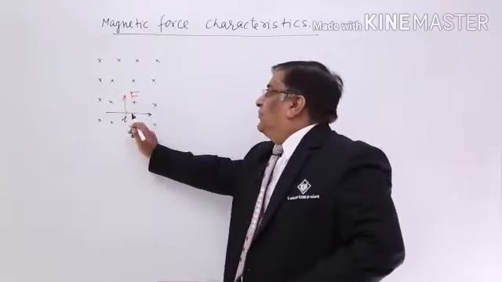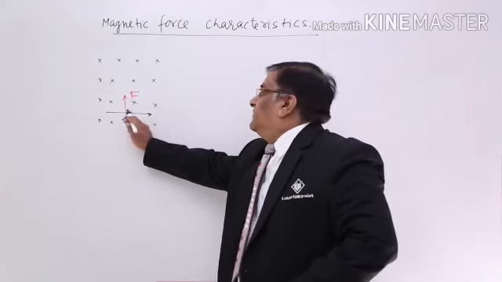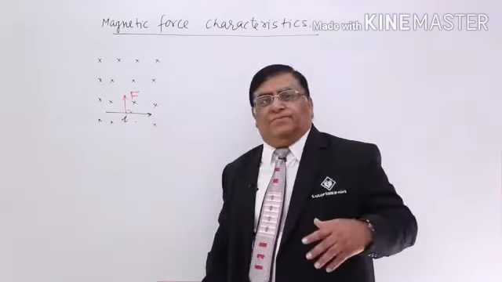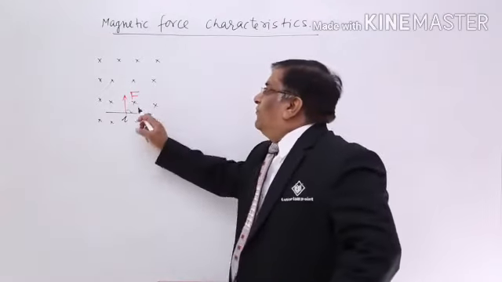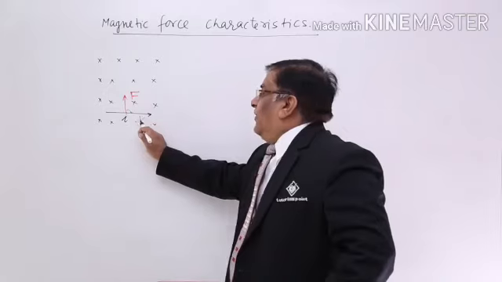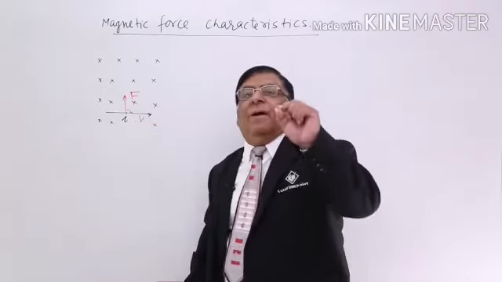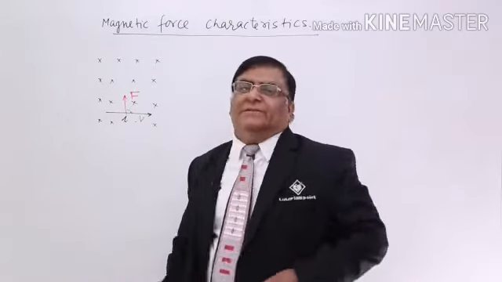Here this is the force. What is the component of this force in this direction? Answer is F cos 90, and F cos 90 is 0. So no force is acting in this direction. If no force is acting in the direction of velocity, then this force cannot change the magnitude of velocity. It cannot increase or decrease the velocity.